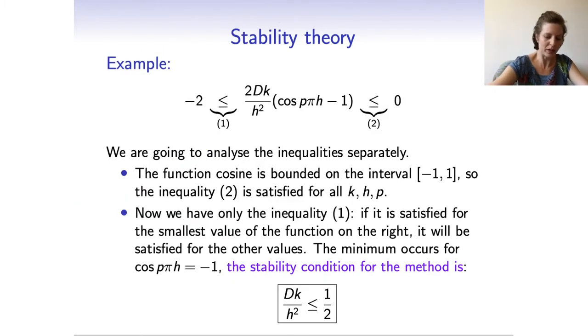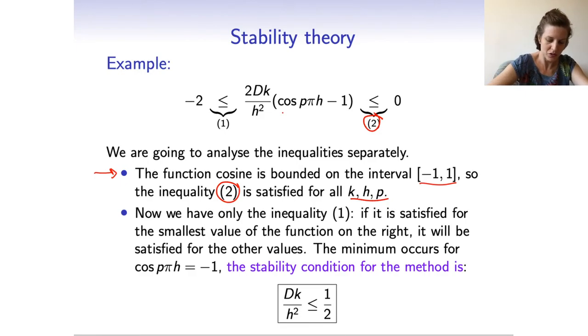So we are going to analyze separately conditions 1 and 2. The function cosine is bounded on the interval between minus 1 and 1. So inequality 2 is satisfied for all k, h, and p.